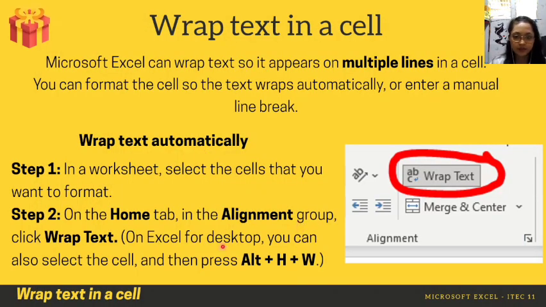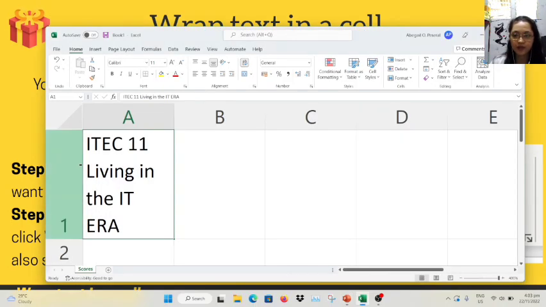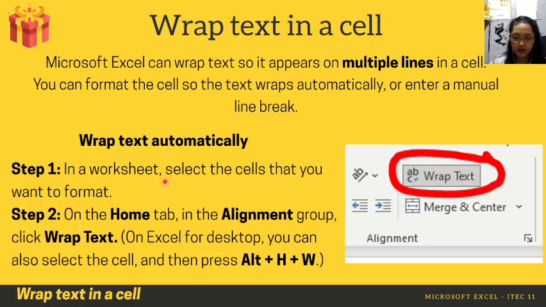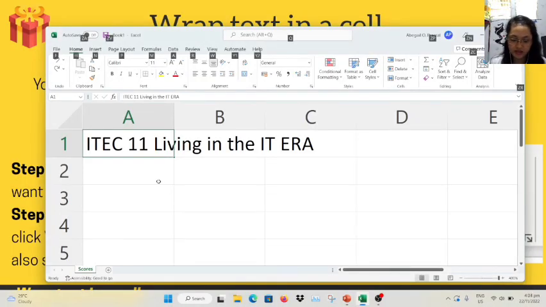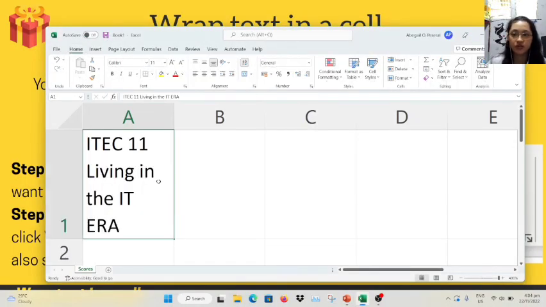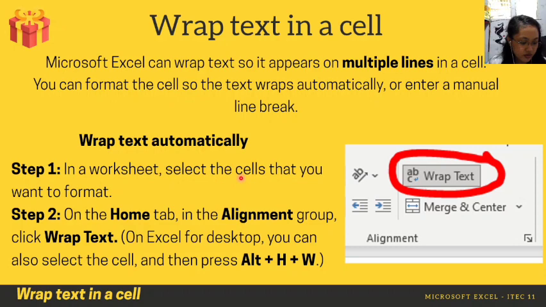And you can also select the cell and press Alt H W to wrap the text. So let's try this one. Control Z, then Alt plus H plus W. So the text is wrapped. I'm pressing my keyboard. So let's Control Z.